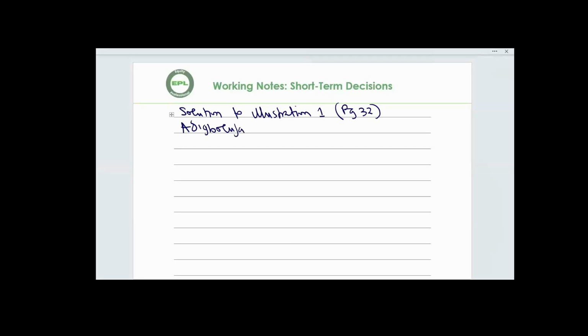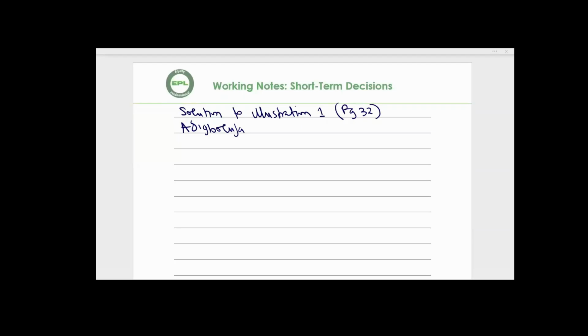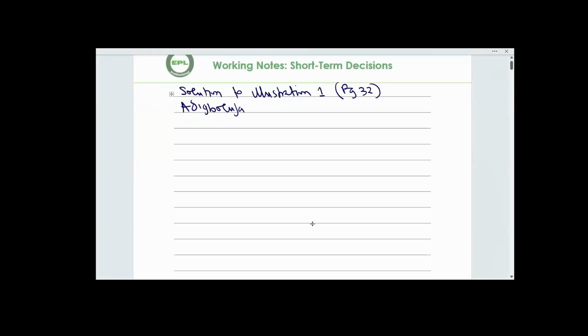And the examiner is asking you to advise whether they should drop the sale of vanilla. So what are you supposed to do? First things first, you need to carry out the economic analysis of the affected segment.